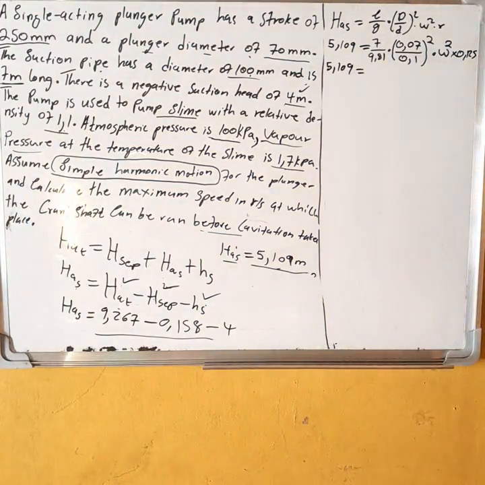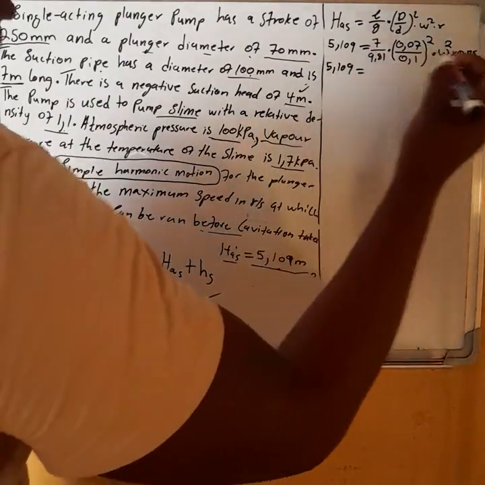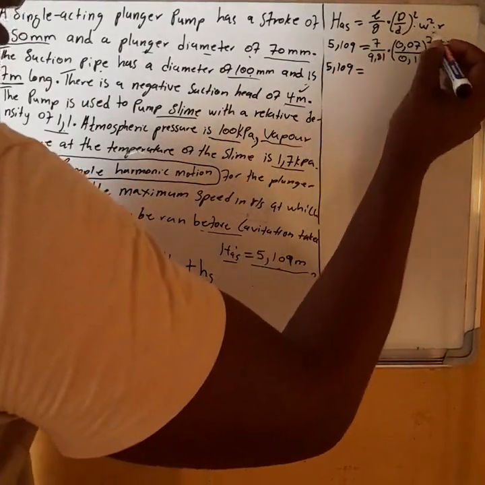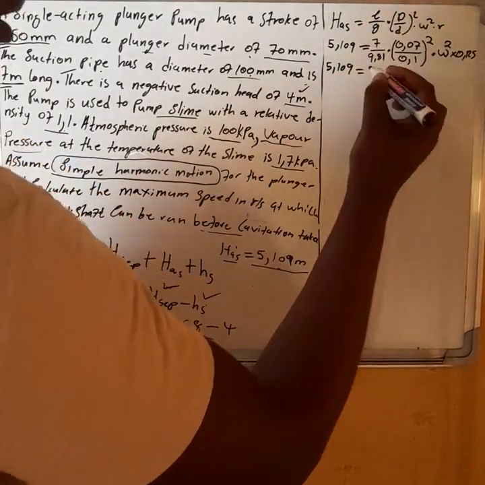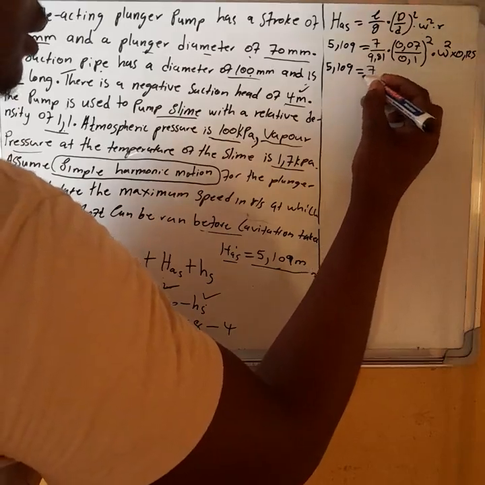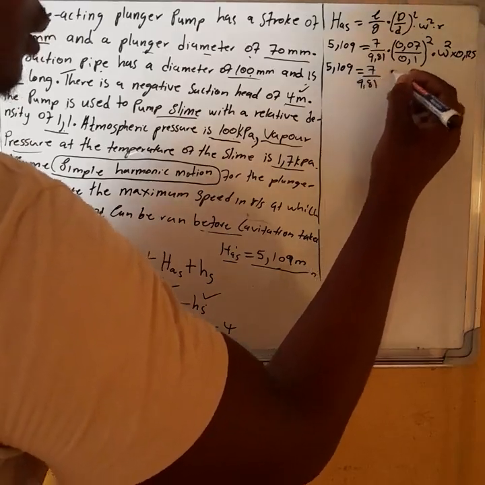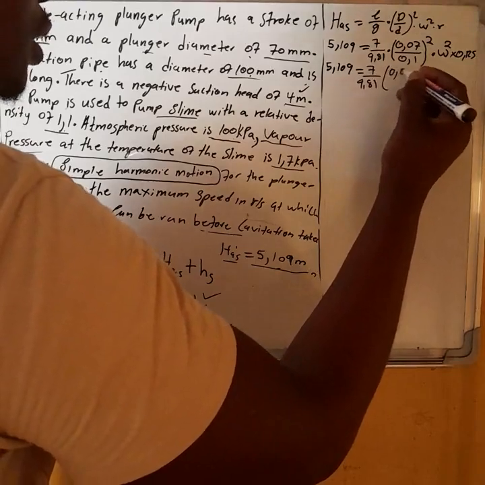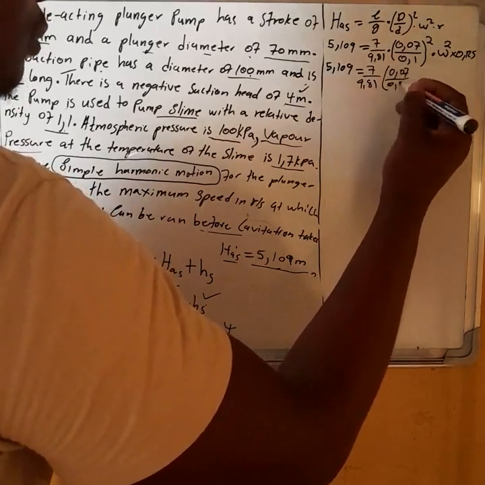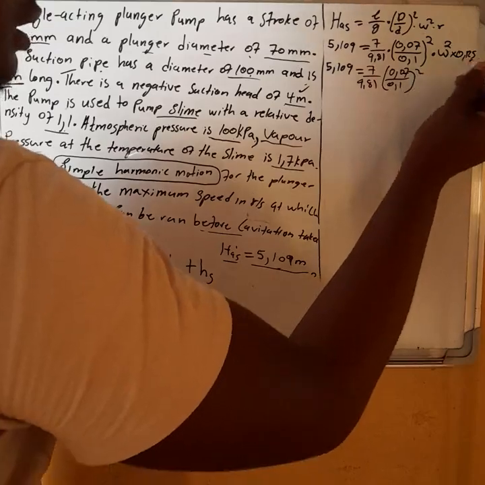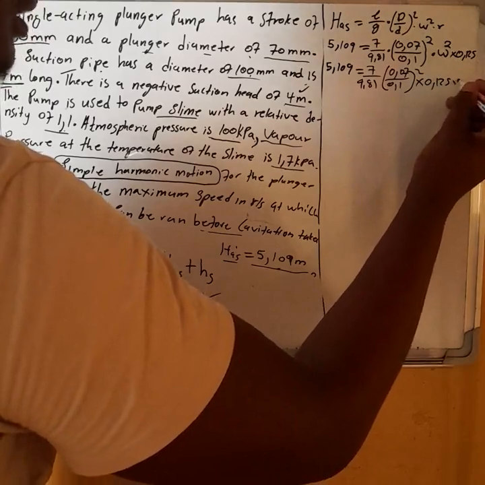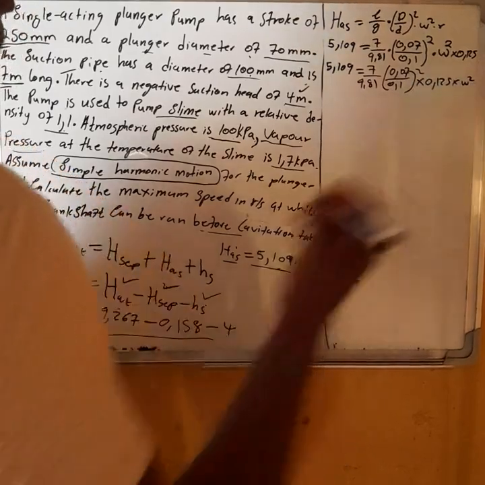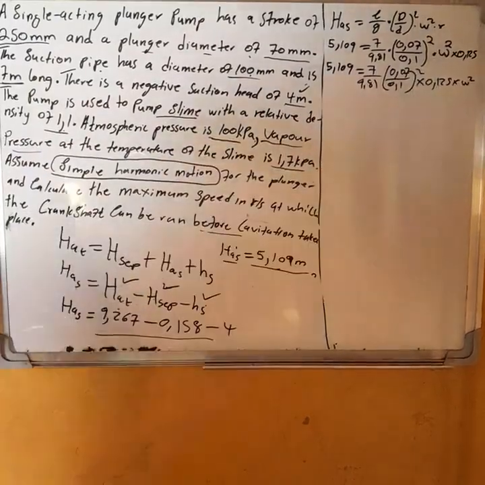You can punch all the constants together: 9.81 into 0.07 over 0.1 squared, take the constant 0.125, then omega squared. Punch all of that.